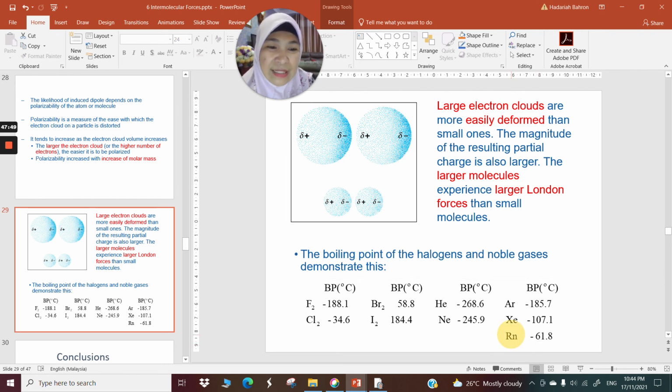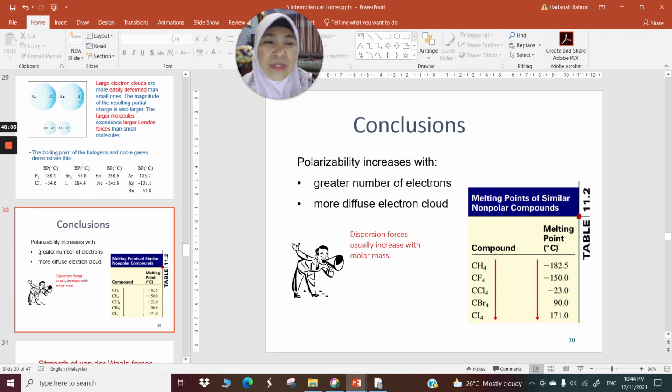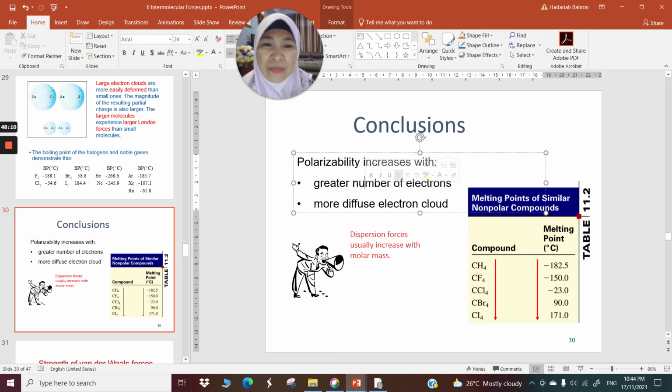Radon is the easiest, so radon has the highest boiling point, minus 61.8, compared to minus 268.6 for helium, which is small and not very easily polarizable. So in conclusion, polarizability increases with a greater number of electrons and a more diffuse electron cloud.